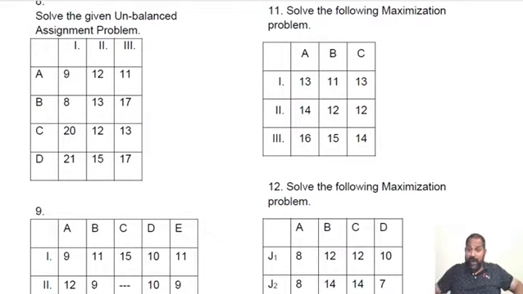From question number 12 now, there's something very odd written. It says solve the following maximization problem. What does that mean? The good thing is that there are only 3 rows and 3 columns. Let me write down the question.